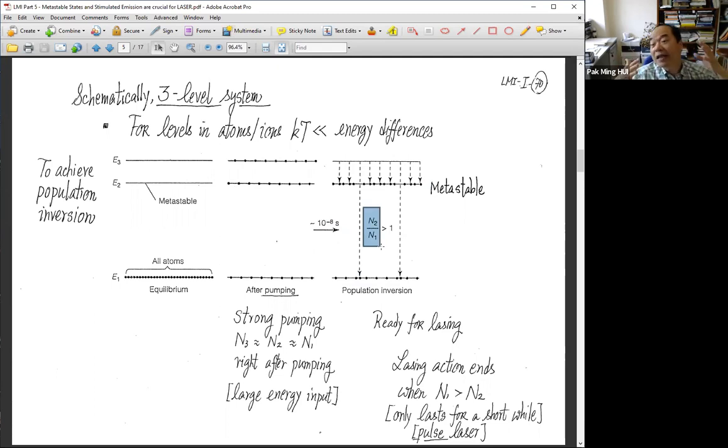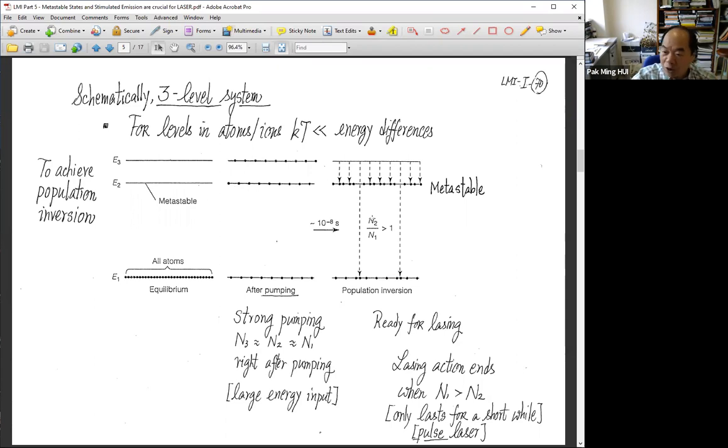And it is at this moment that you can achieve this criteria for a gain medium. And then you have to design something so that you have some light moving around this gain medium so as to stimulate these atoms to come down as stimulated emission, okay? The intensity will grow and grow, therefore that rate that is proportional to the u of omega will grow and grow, therefore you will have more and more stimulated emission coming down.